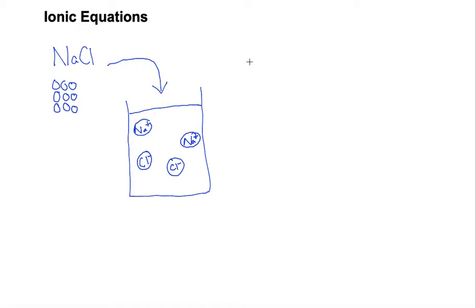So it's important when we're looking at a reaction, if we're dealing with sodium chloride in a chemical reaction and it's aqueous, you see the AQ beside it. That means it's in solution, it's in water. So we need to recognize that it's actually existing as Na plus ions and chloride ions.